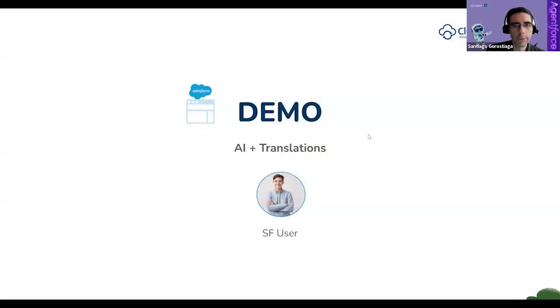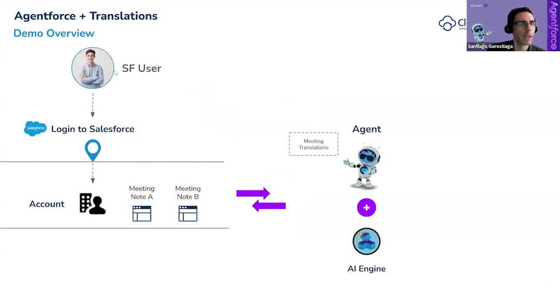Okay, so now I'm going to show you this slide. The idea is to have a Salesforce user logging into the Salesforce platform, and we're going to see one account and a couple of meeting notes that have been created for this account. It could be for any meeting that, for example, a sales rep has with some contacts from this account.